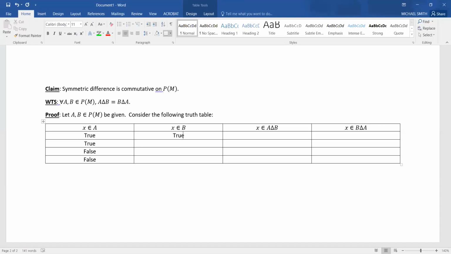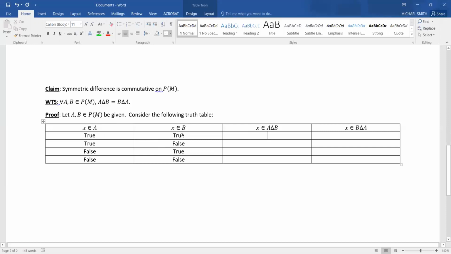Just like we've always done in foundations, the first column is true, true, false, false. The second of the independent columns is true, false, true, false. This gives every combination of trues and falses for our propositions x is in A and x is in B. Now, remember that the symmetric difference is the set theoretic analog of the exclusive OR. We return true when exactly one of these two statements is true.